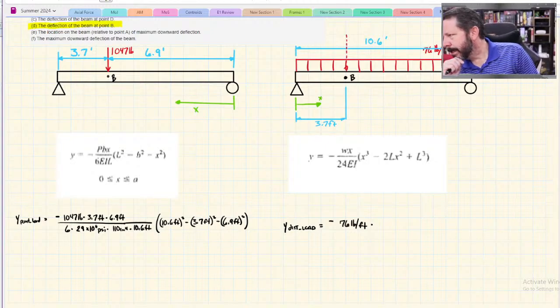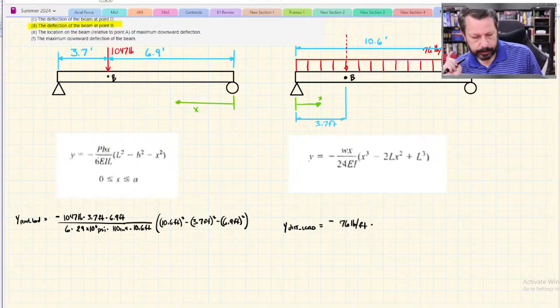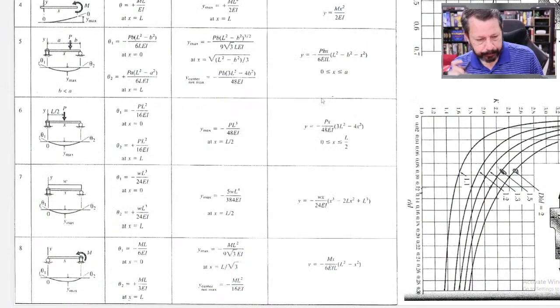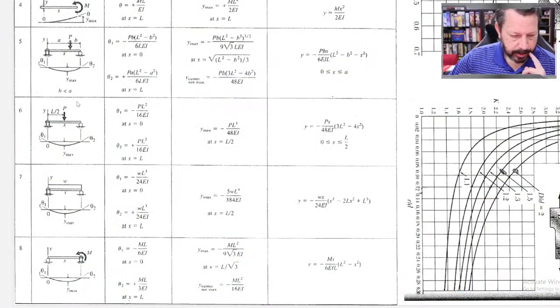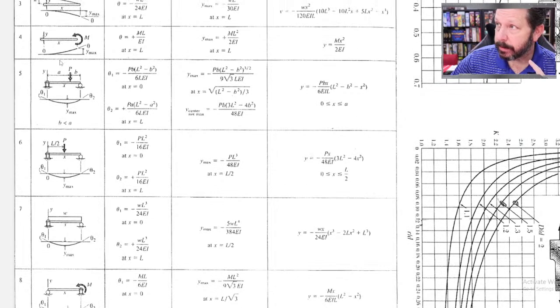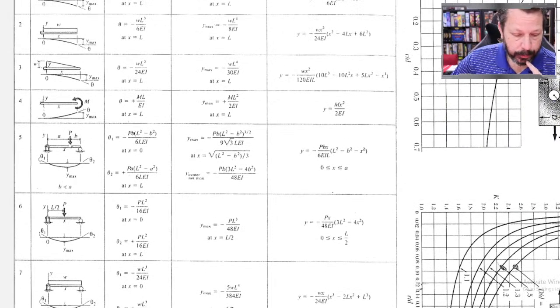So in the chart, would x be equal to b length or always a length? Let's go back to the chart and make sure about that. In a chart like this one, case 5 up here with the offset point load, x in the equation of the elastic curve, this version of the chart says that x can only be from 0 to a.